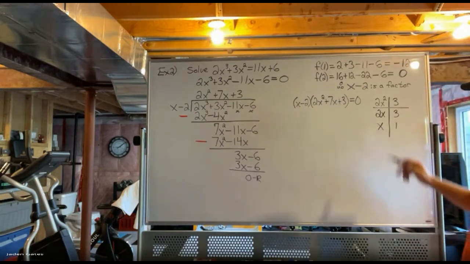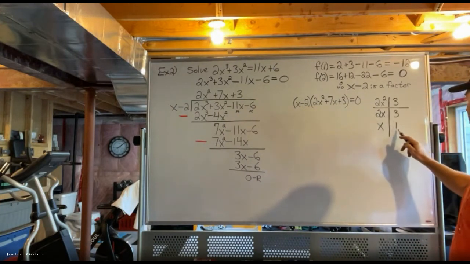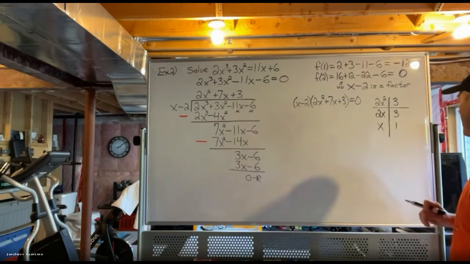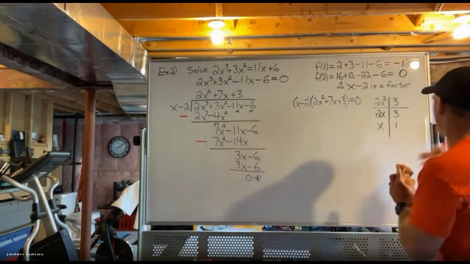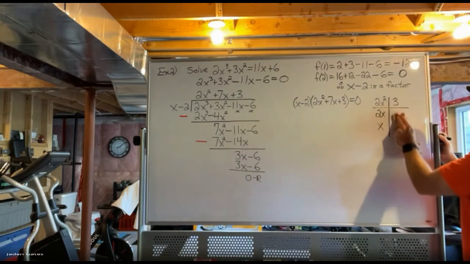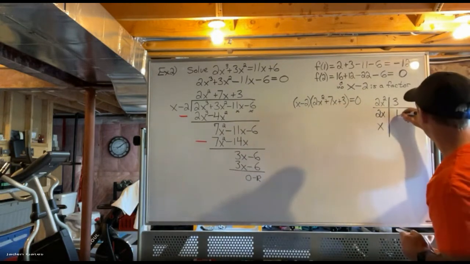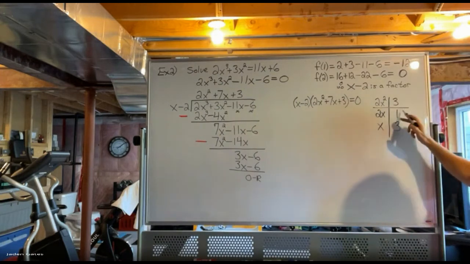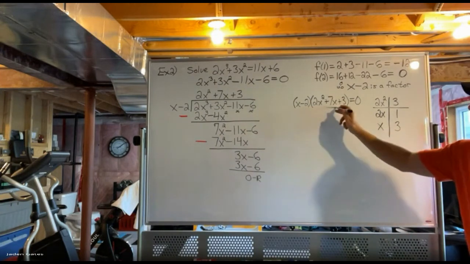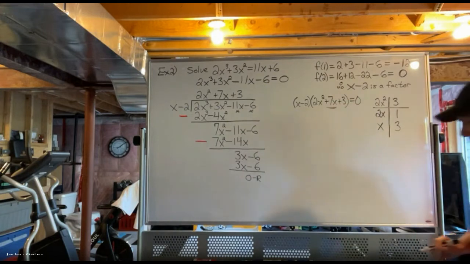Let's see our crossing here. 2x plus 3x. That ain't working. I'm going to switch this time. Let's put a 1 up here and 3 here. Now I have 6x plus 1x. There, that gives me the 7x.